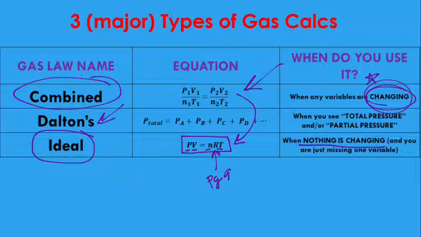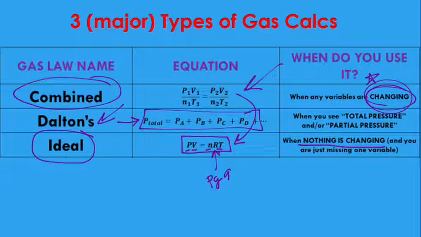Now, Dalton's gas law is kind of the odd man out. The full name of that is Dalton's law of partial pressures, and that's all that Dalton's law really applies to, is pressures. So most of these problems don't even give you a temperature and a volume, let alone moles.